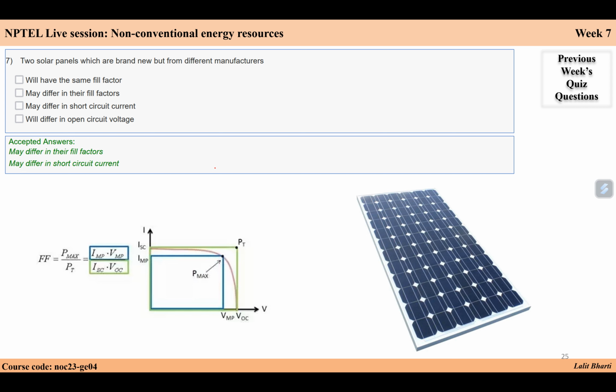Then we have the seventh question. It says two solar cells which are brand new but from different manufacturers. As we have different manufacturers, a lot of things can change: their materials, their methods, and solar cell fabrication. Here the method is for the material synthesis.